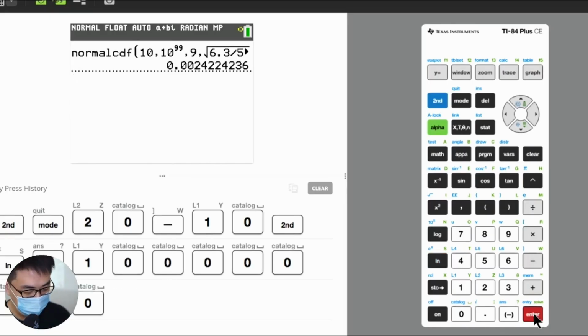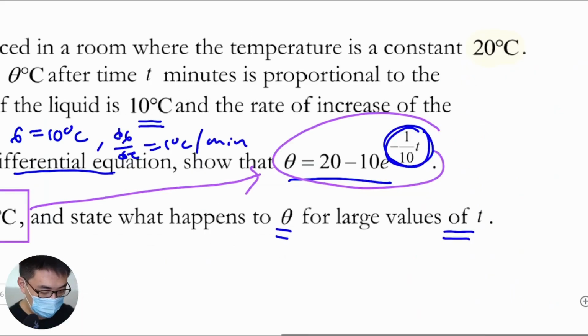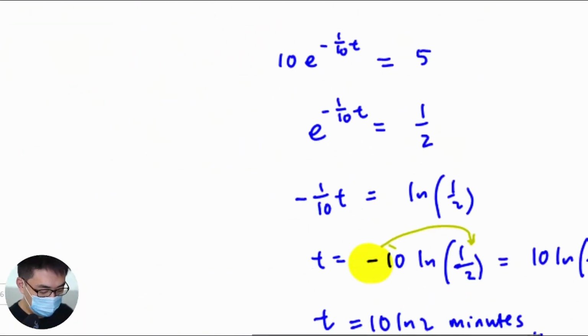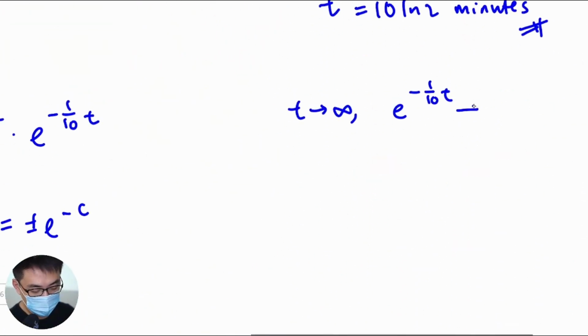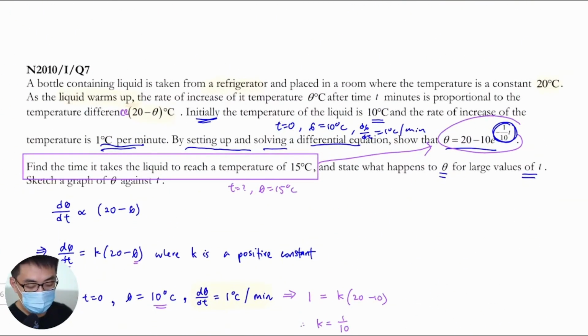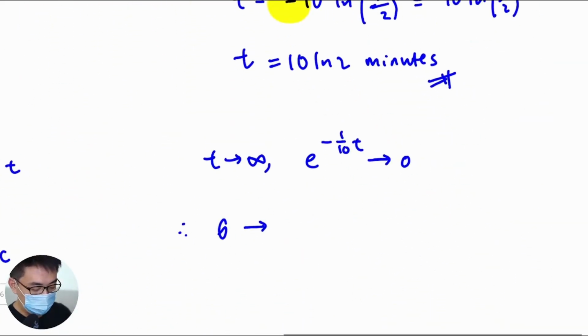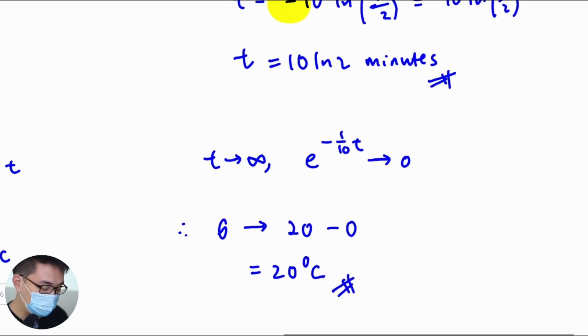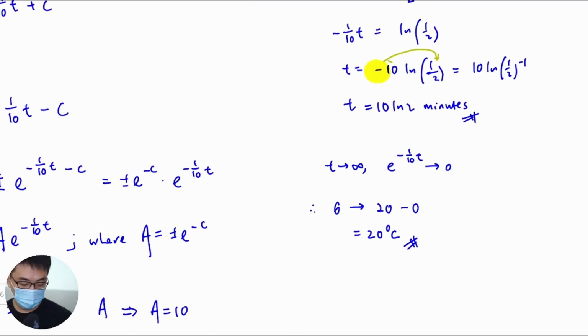You won't go wrong. Anyway, you should know this goes to 0. So hence theta will approach, intuitively, room temperature. If this one doesn't approach room temperature, I don't know what law of physics it obeys really. So it should be room temperature, right?